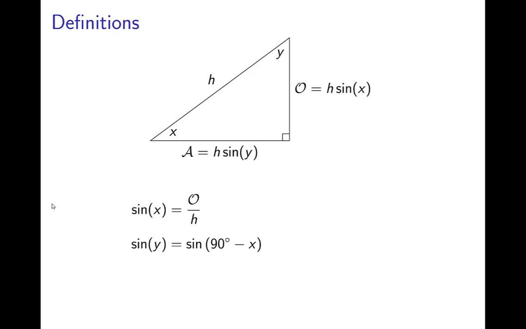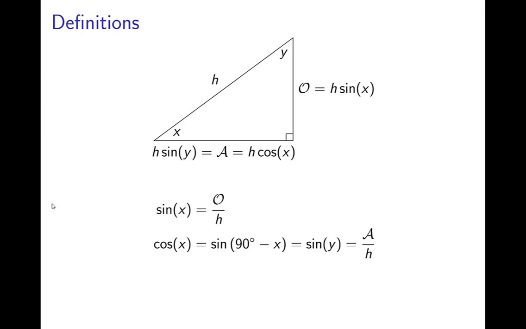If we denote by y the complementary angle to x, then the same reasoning as above implies A equals h times the sine of y. However, we would like to define the length A completely in terms of x. As y is the complement of x, we know that y equals exactly 90 degrees minus x.